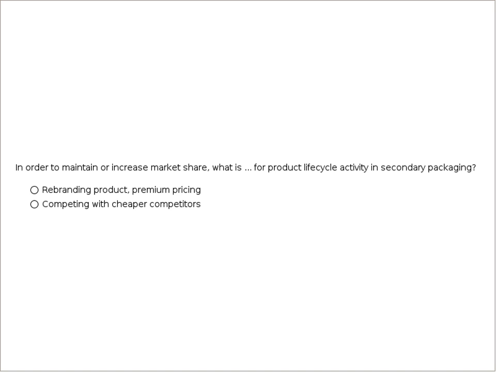An option is rebranding of my products to gain competitive advantage and introduce premium pricing, or gain cost efficiency and be in a position to compete with market entrants. Time to answer the question. The result will be shared at the end of the webinar.